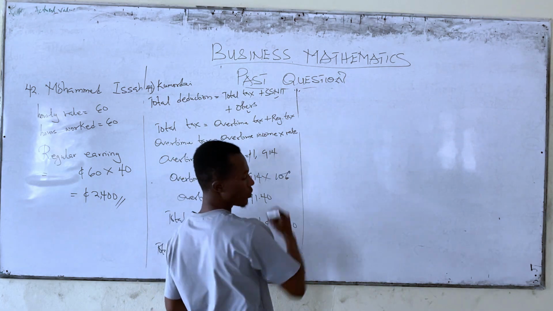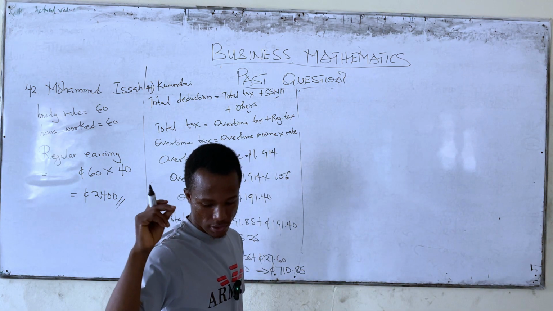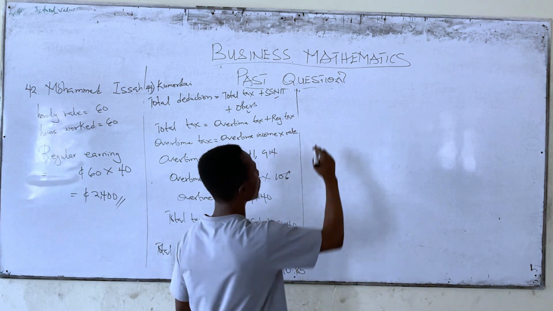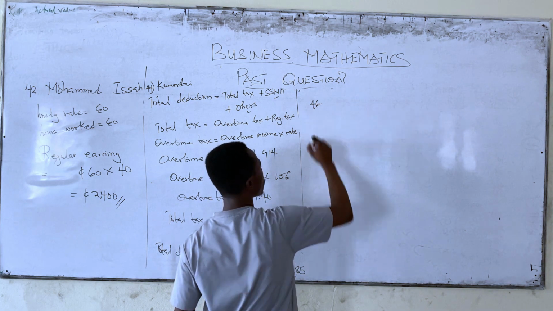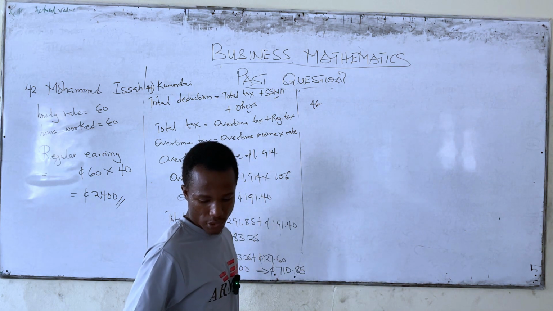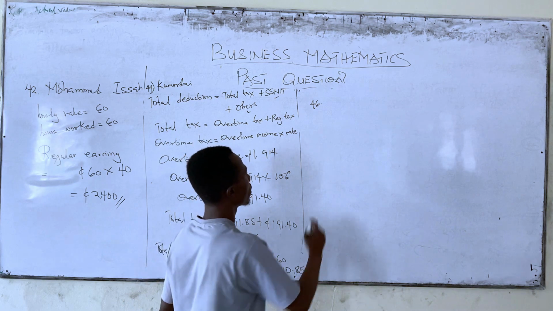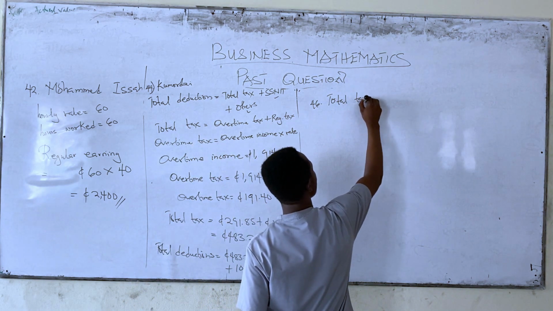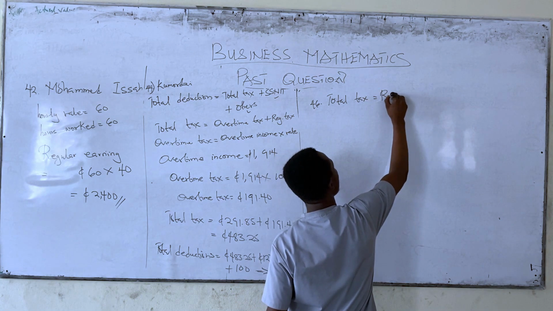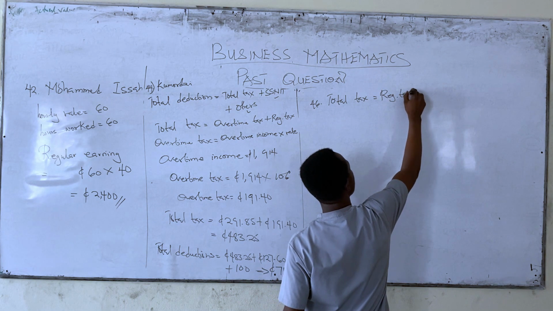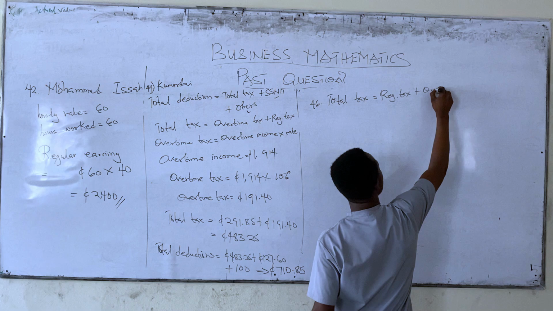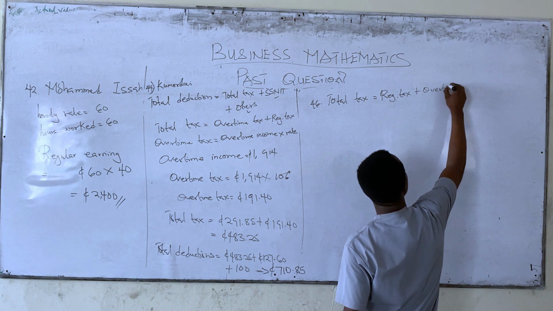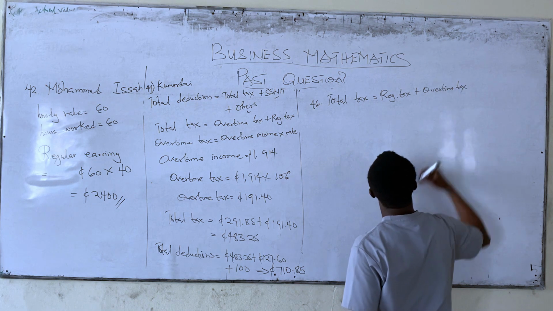You know, that is question 46, right? And in question 46, the total tax is equal to regular tax plus the overtime tax. I hope that is good.